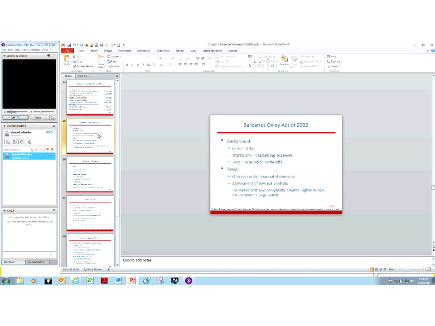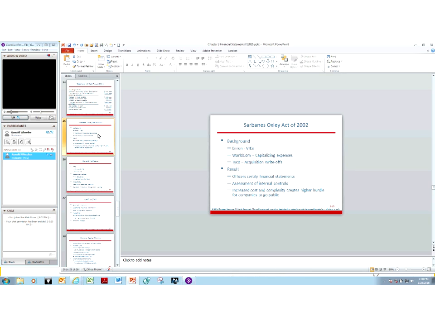And so what we need is officers of the company, the CEO and the CFO, to certify that their financial statements are correct and that they're not doing these things, that they're not sheltering losses, that they're not capitalizing things that should be expensed, that they're not grossing up their balance sheet for inflated acquisitions. And the penalty for officers certifying these financial statements, if they're found to be fraudulent, is that CEOs and CFOs can go to jail for perpetrating these frauds.